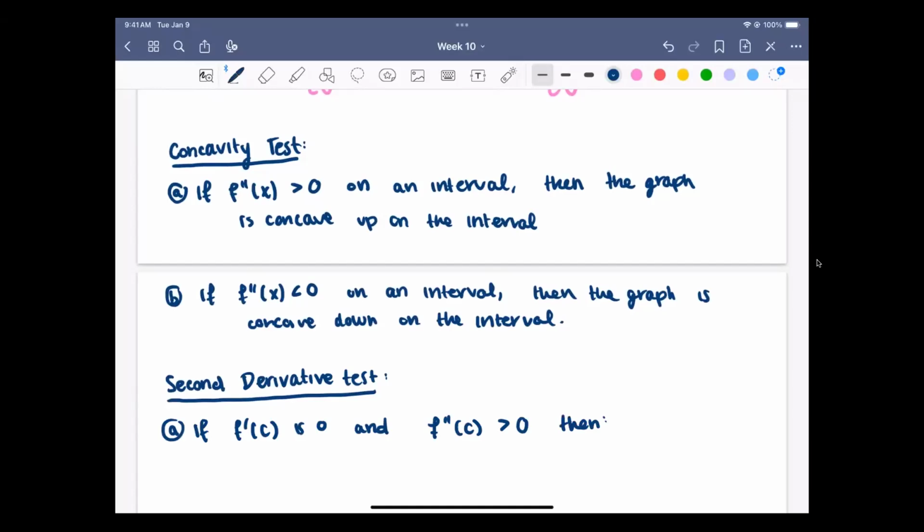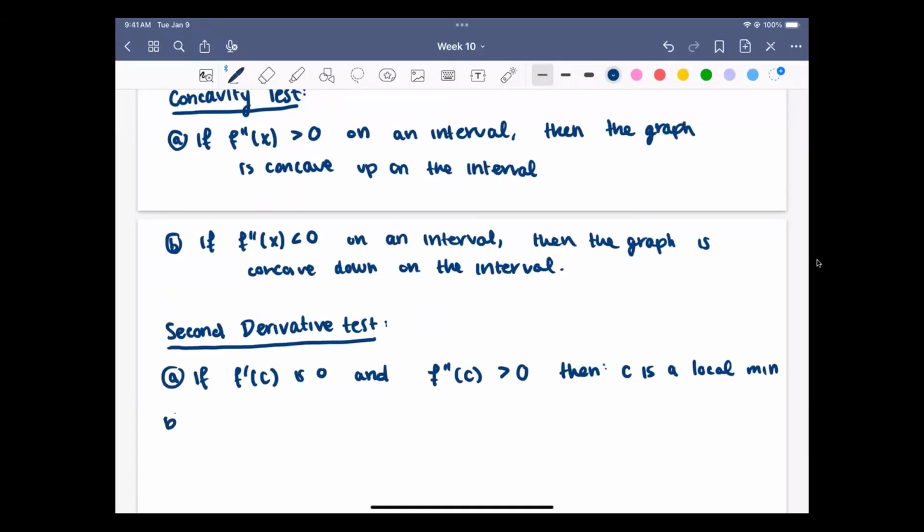We have a critical point, so it could be a local max or min, and I know that the graph is concave up there. So that means that c has to be a local min. And then the other half of this is that if f prime of c is 0 and we're concave down at c, then you have a local max at c.